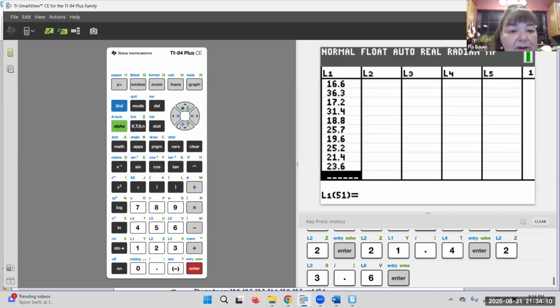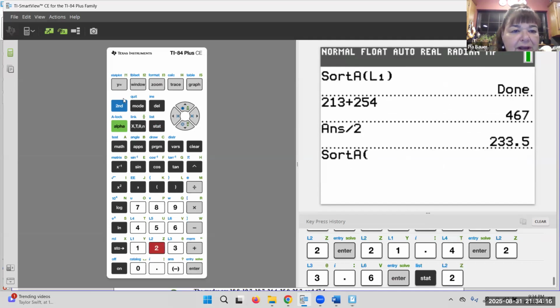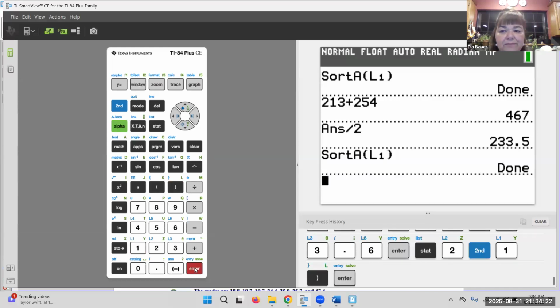Okay, so now I'm gonna go back to Stat and Sort. So that's choice number 2. We tell the calculator it is L1, so it's second and 1. Close the parentheses, press enter, and it's done. We go back here.